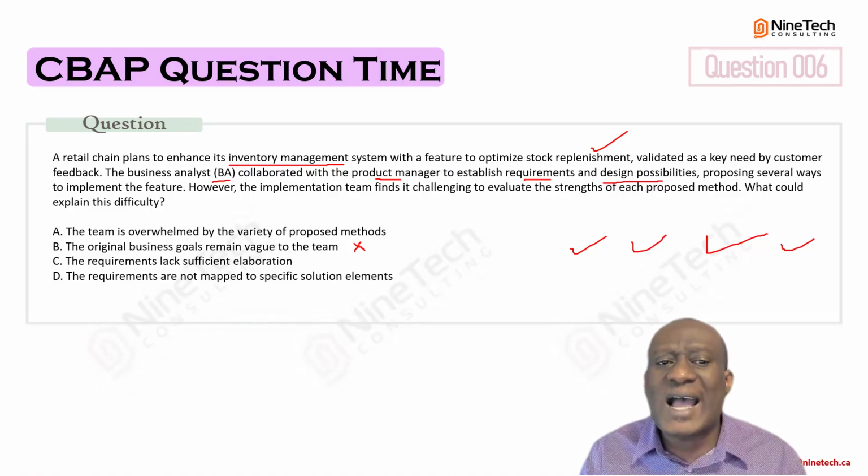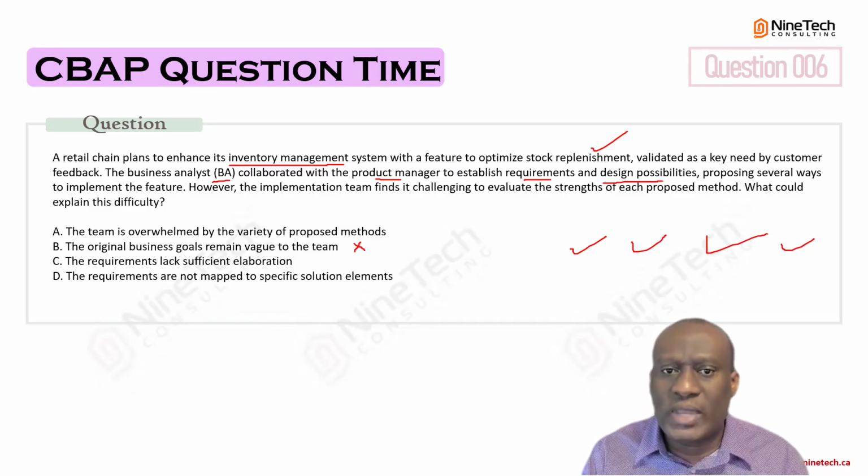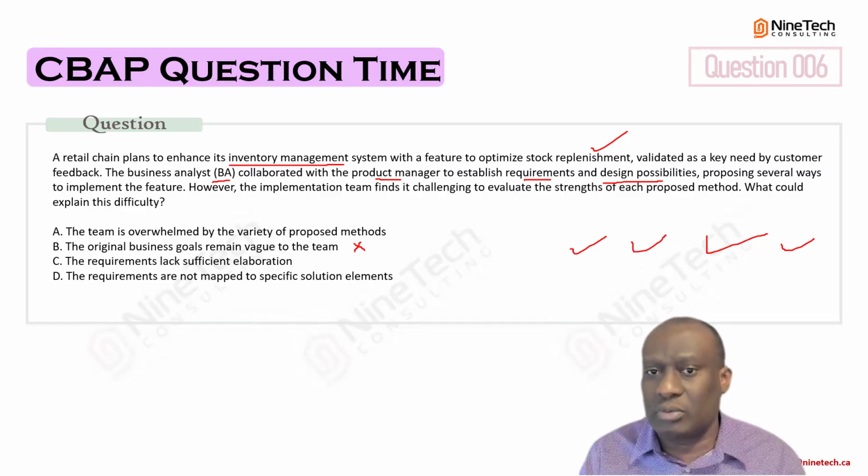The requirements are not mapped to specific solution elements. Yeah. So we have requirements already, and we have several solutions. And if our requirements are not mapped to our solution options, are not traceable to our solution options, that could also be a problem.